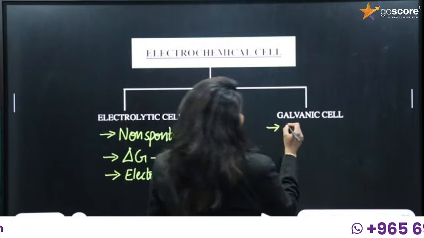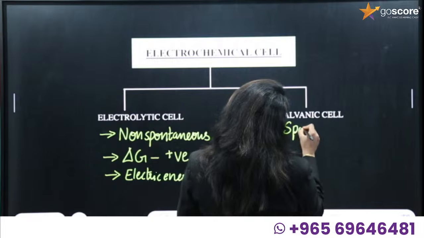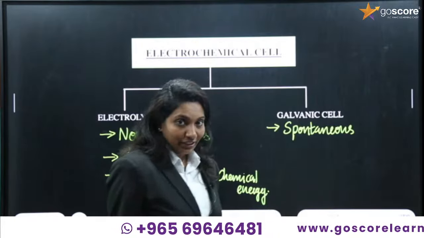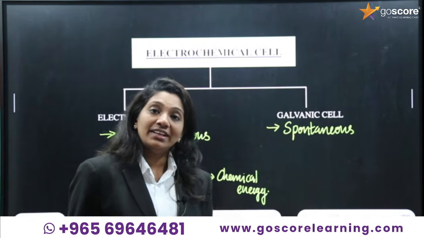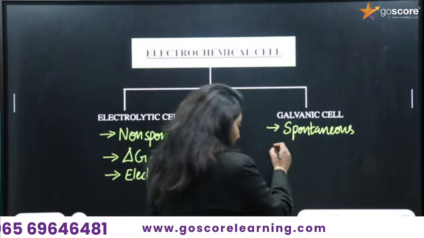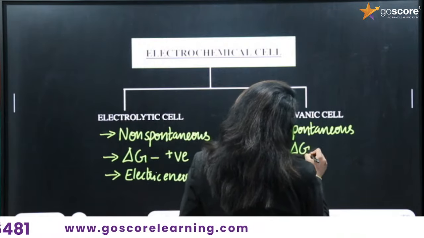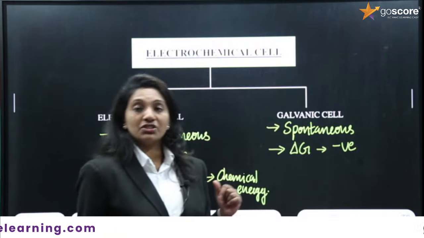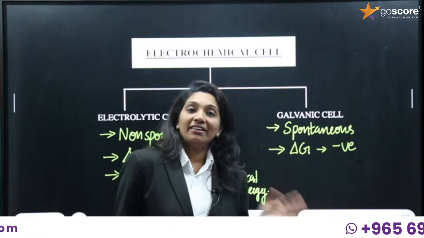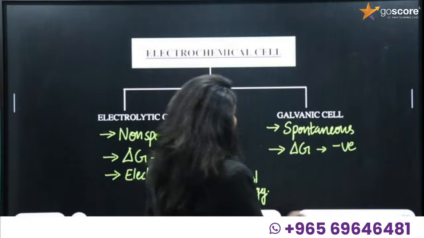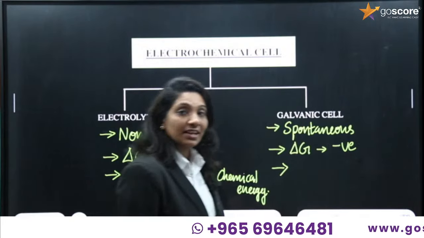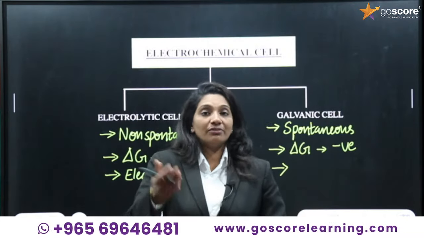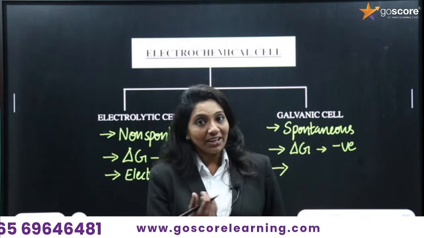Galvanic cells are spontaneous processes, and we already know that for a spontaneous process the delta G value should be negative. So here the Gibbs free energy delta G value should be negative. What conversion is taking place here? Whatever energy is released during the chemical process is converting into electrical energy. That's why we can use it, right?